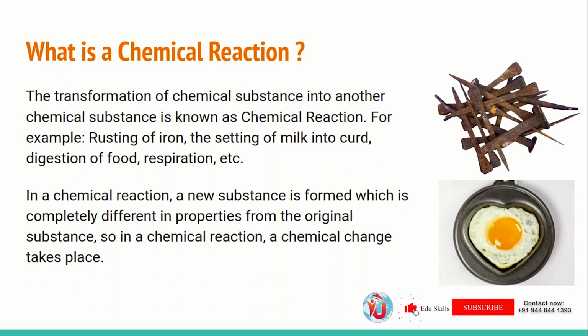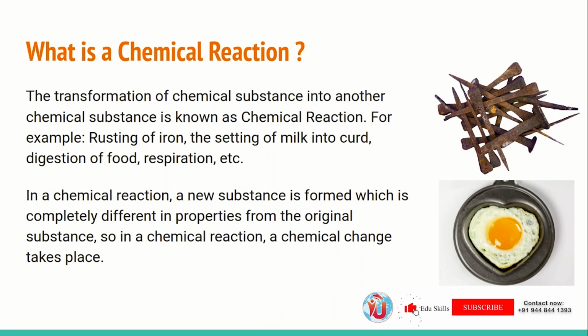We have studied in earlier classes what is a chemical change and what are its properties. One of the main properties of chemical change is that a new substance is formed which is completely different in properties from the original substance. In the same way, in a chemical reaction, a new substance is formed.